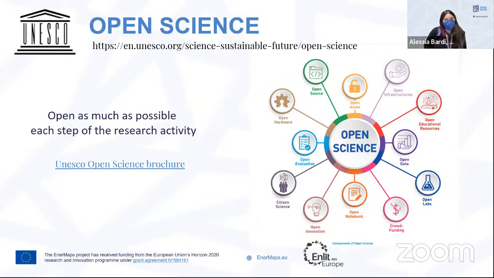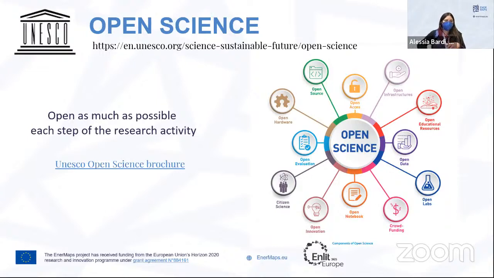So the term open science implies a number of concepts. And as you can see here, it's like an umbrella term, which includes open access to publications, FAIR data, open source software, open peer review, and much more. So the basic idea is that with open science, we open as much as possible each step of the research activity.